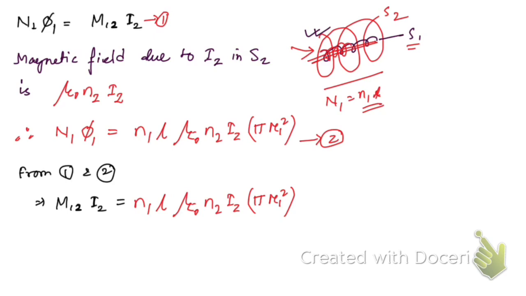So from here, you see this I2 cancels, so we're going to get the required expression which we need. So that is M12 is equal to mu naught N1 N2 pi R1 square, then into L, okay.